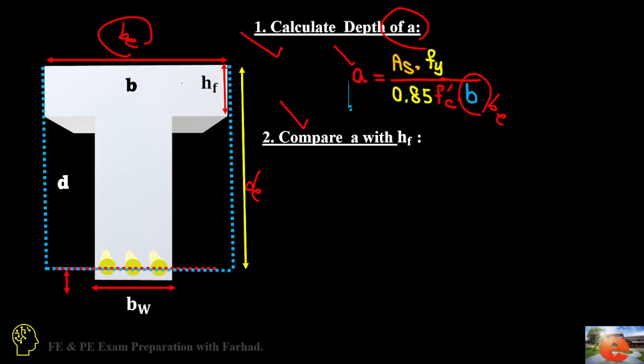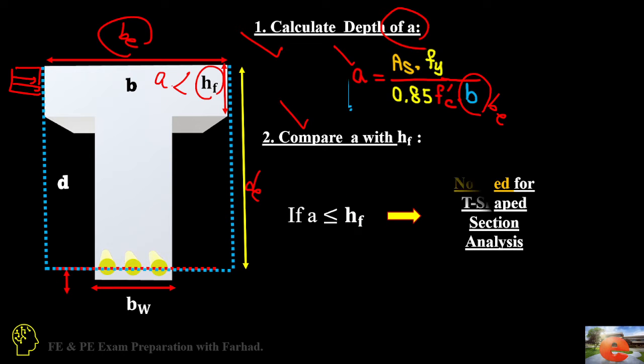If your a, the height of this block, is less than hf, there is no need for T-shaped calculation, because a stops somewhere in the flange and doesn't enter the domain of the web.